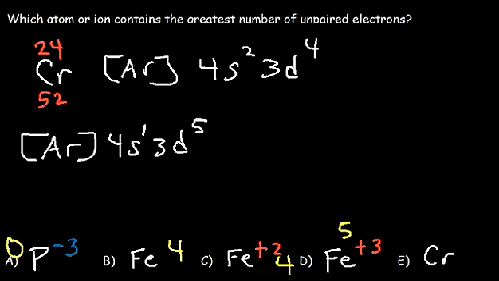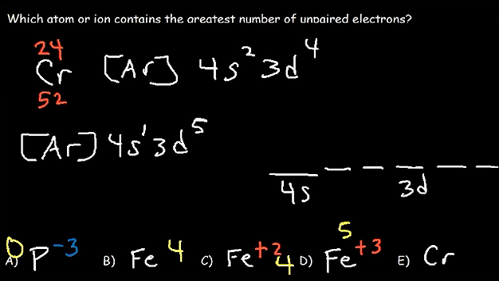The question is why? Let's explain it using orbital energy levels as opposed to orbital diagrams. Now what you need to know is that the 4s sublevel is very close in energy to the 3d sublevel. The 3d sublevel is slightly higher, but not by that much.